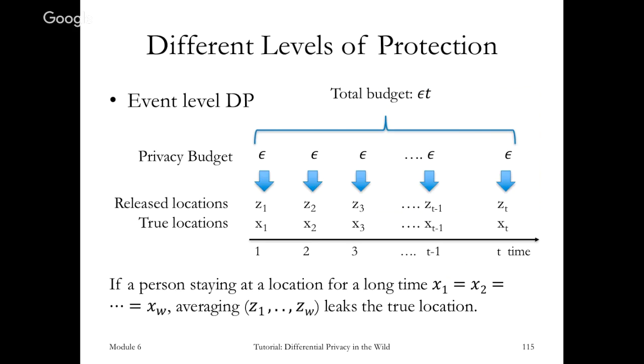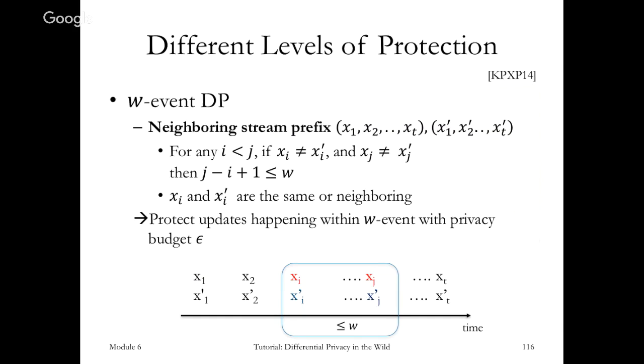So a stronger version of this was proposed a few years ago. It's called W events differential privacy. Rather than ensuring epsilon differential privacy for one single event, you can protect the changes within a window of at most W events. So the neighboring definition here is two trajectories that differ in a window of at most W events.